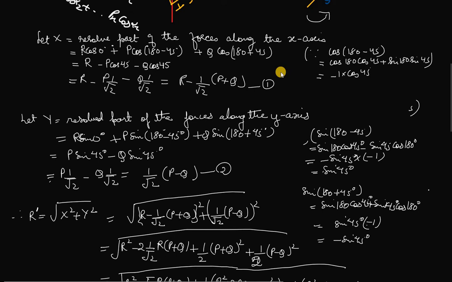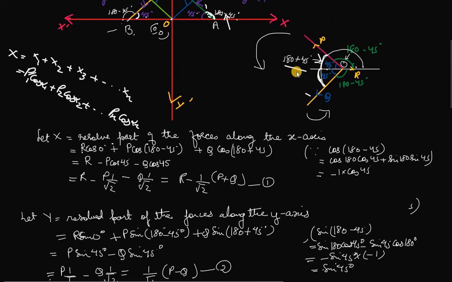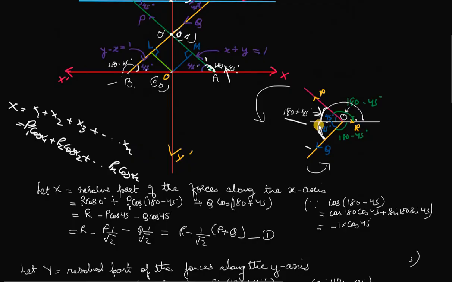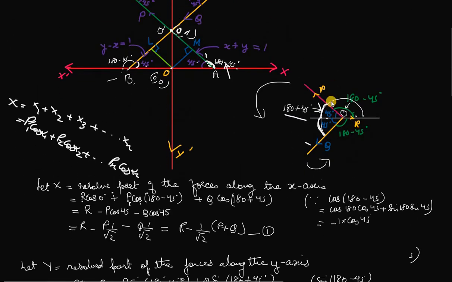So you have cos of 0 degree, and then plus P2, this force P2, which is P only, into cos alpha 2, where alpha 2 is the inclination of the line made by this force with respect to the x-axis.